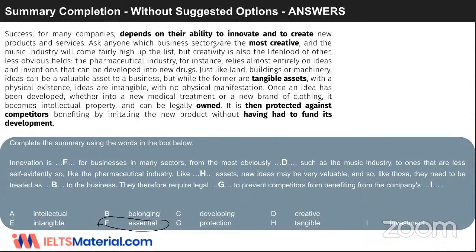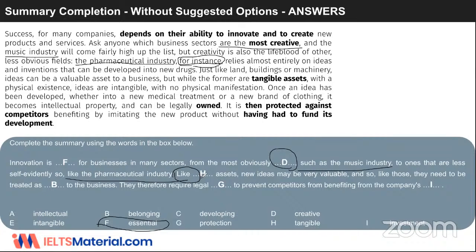Then, from the most obviously dash, such as the music industry, ask anyone which business sectors are the most creative. So it is written from the most obviously creative, and that is why we have taken the option D, such as the music industry, which is given here, and the music industry is the example taken clearly. Next is ones that are less self-evidently so, like the pharmaceutical industry. Here we have the pharmaceutical industry, for instance, and the synonym for instance here is taken as like.